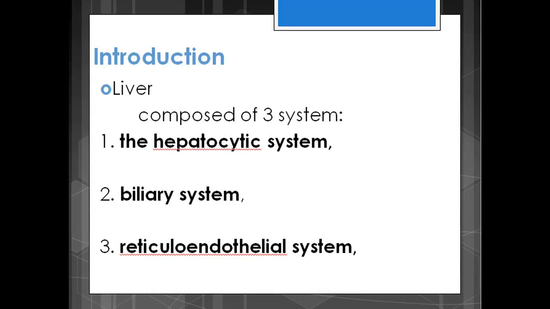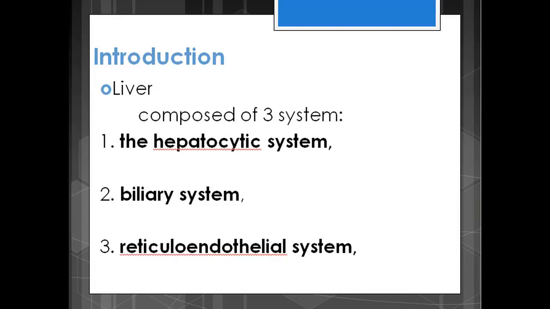So we'll discuss first the liver. The liver is the largest and most complex organ found in the gastrointestinal tract. The liver is composed of three systems: the hepatocytic system, the biliary system, and the RES, or the reticuloendothelial system.